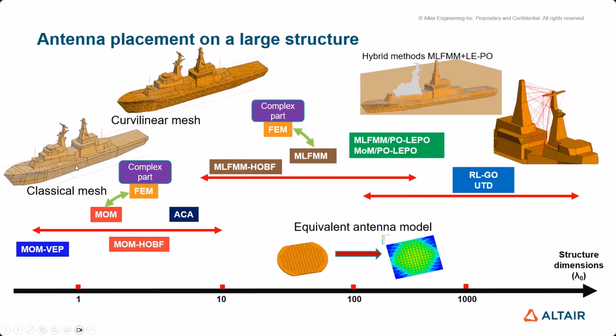If you move on to a high frequency method, like large element physical optics over here on the top, just by looking at the image you can see that the mesh element size is quite big for the asymptotic solvers like physical optics and RL-GO. So based on the electrical size of your problem, you can keep switching between the methods.